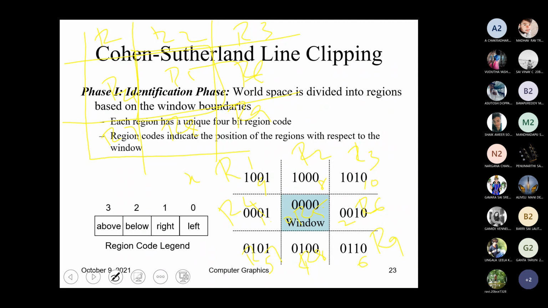Are you understanding? Ma'am, could you explain it again? Yeah, once again I will go back. So here you have 9 regions. Did you understand what the 9 regions are from here? Yes, ma'am. After the 9 regions, for each region you are assigning a 4-digit code. Just assigning some code. Okay. So this code is 0000.